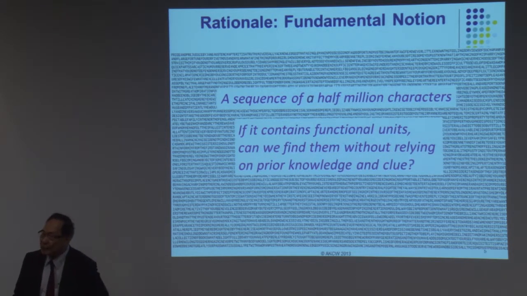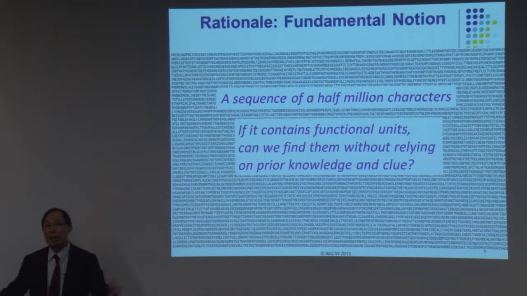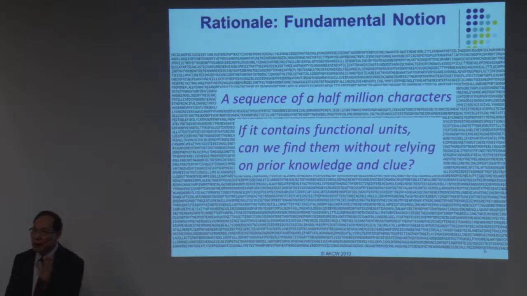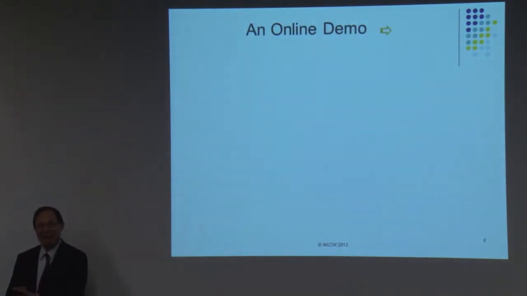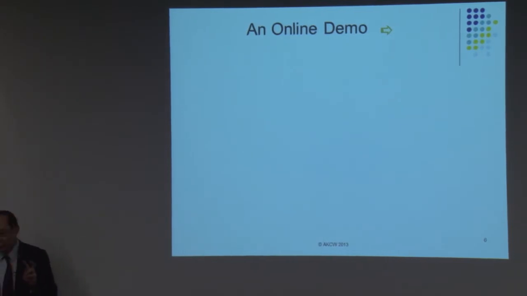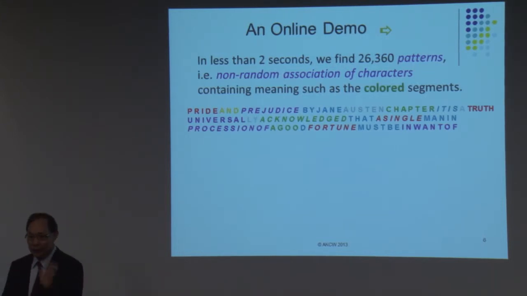Now, for example, suppose you are given a very long sequence, 500 million characters. If it contains some short sequences that have meaning, can you find them? This is very simple. Actually, I can give you a demo, but because of time, within less than 2 seconds, we can find some non-random association of local sequence.